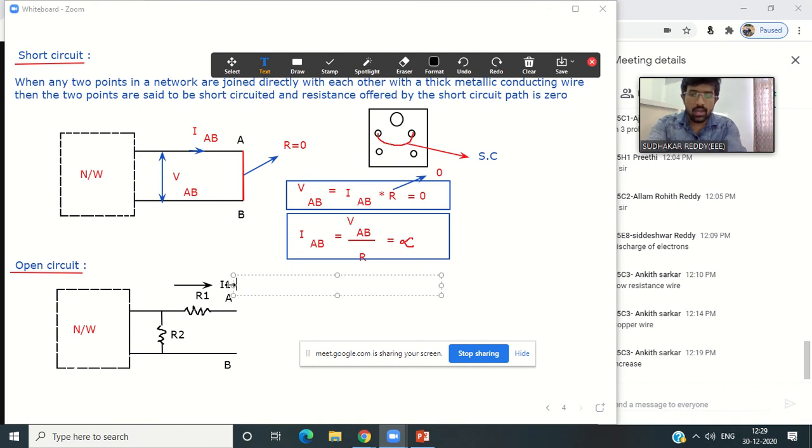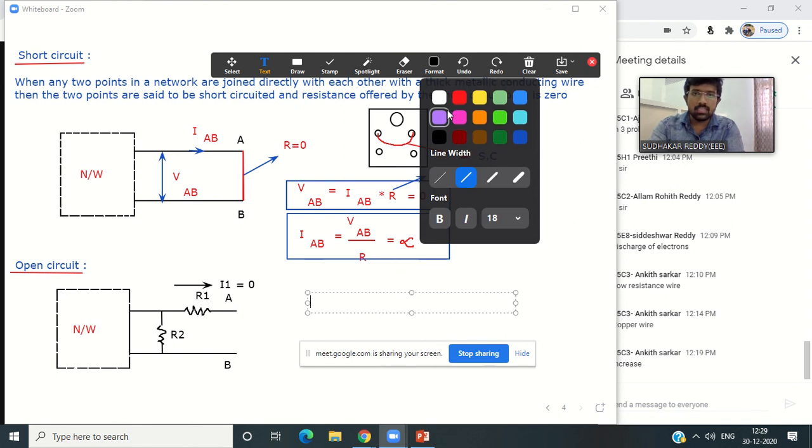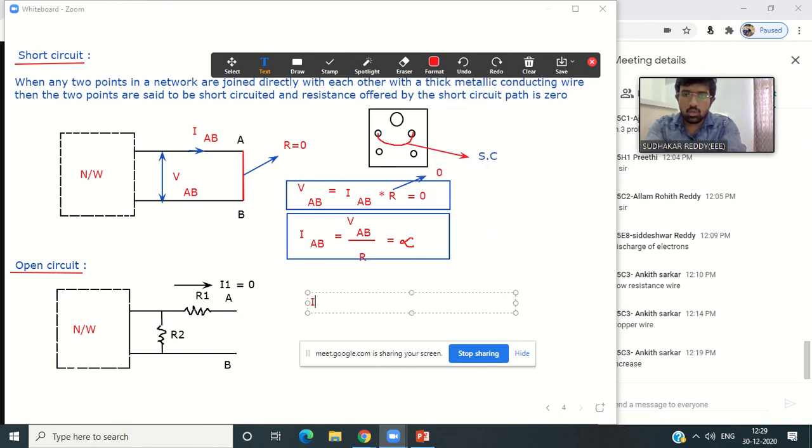So current becomes 0, there is no doubt, right? So when an open circuit occurs, the current passing through the open circuit path, that is IAB, is equal to 0.